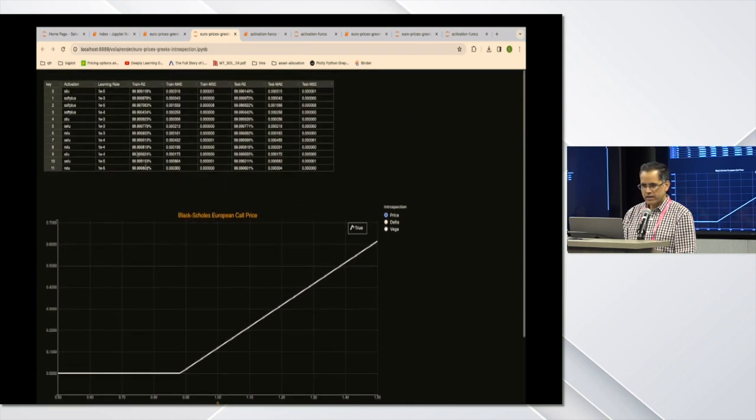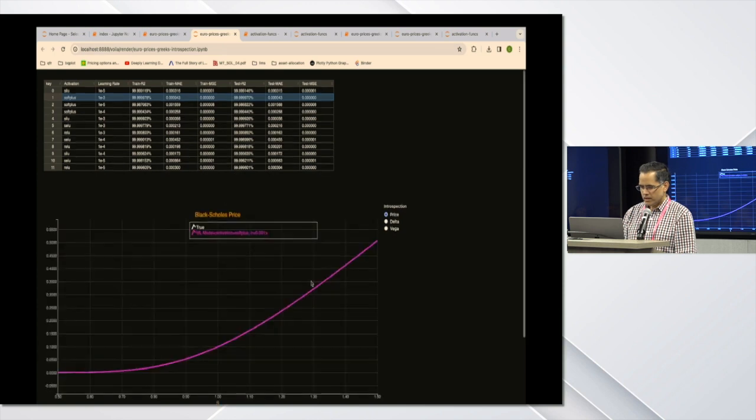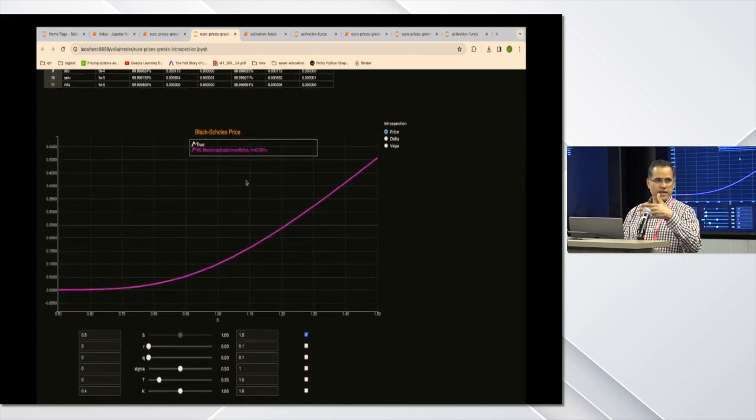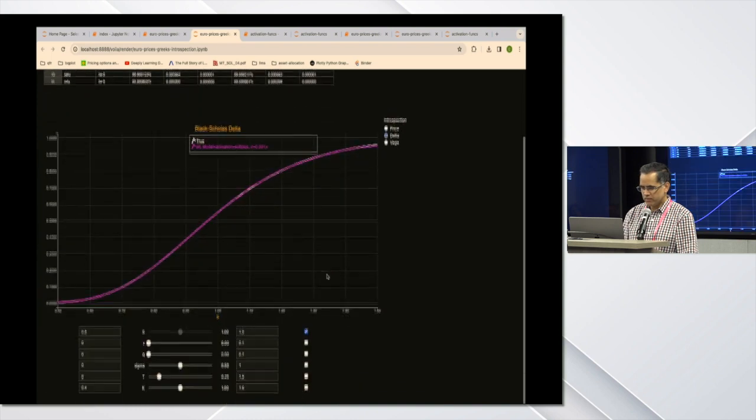So let's now look at some of the machine learning models we talked about. Let's pick softplus here. And now I'm comparing the true price versus the machine learning model price. As you can see, they're pretty close. They're almost on top of each other, so you can't even see the difference. But you can also look at how the Greeks evolved.